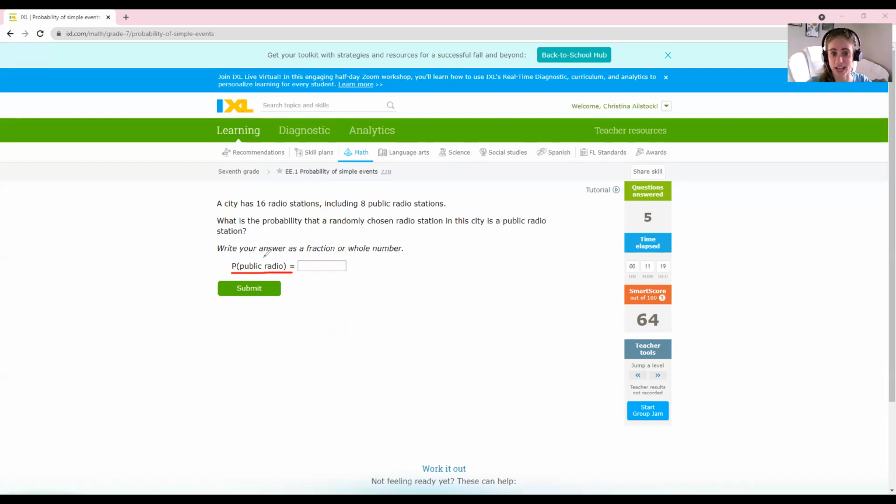That's the nice thing about the shorthand, it tells me that right there. Well, 8 of the radio stations are public. How many total radio stations are there? 16. So we have an 8 out of 16 chance, but we always need to simplify. 8 is a common factor. We can reduce by 8, 1/2 chance.